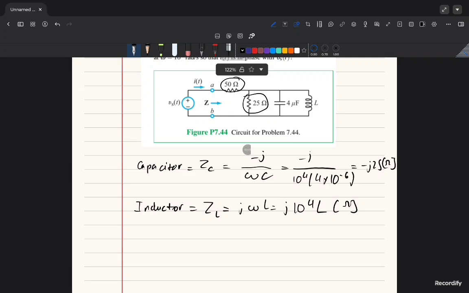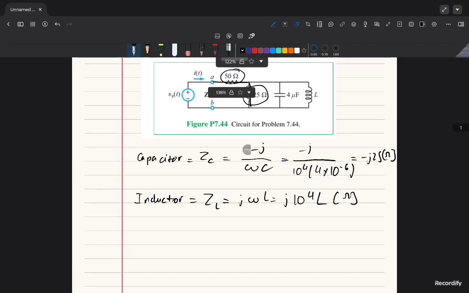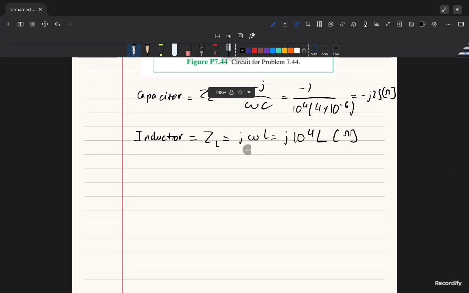Judging by the circuit's orientation, these components are in parallel, meaning that we can combine them using the special formula Req equals R2 R1 over R2 plus R1.